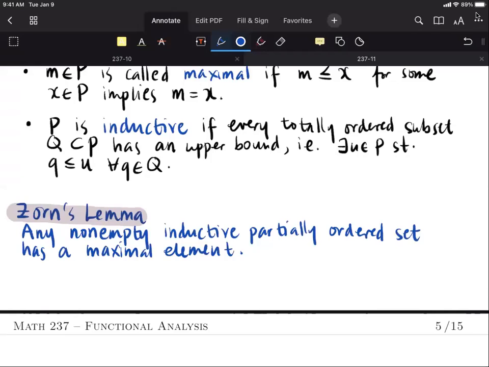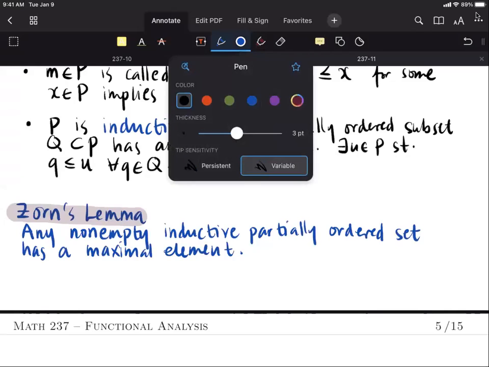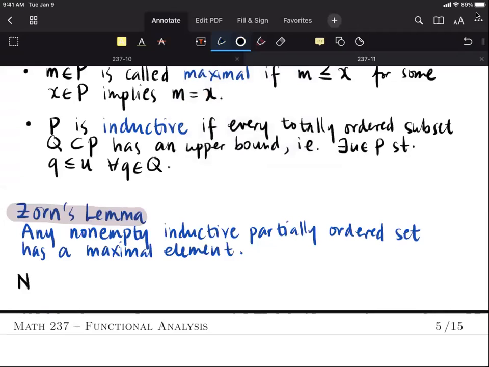It is well known in set theory that Zorn's lemma is equivalent to the axiom of choice.